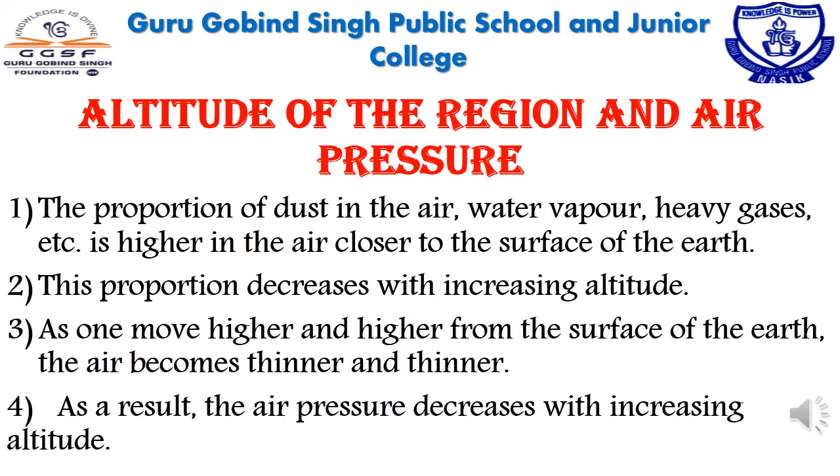This proportion decreases as the air moves towards higher altitude. As the air moves higher and higher from the surface of the earth, it becomes thinner and thinner. As a result, the air pressure decreases with increasing altitude.